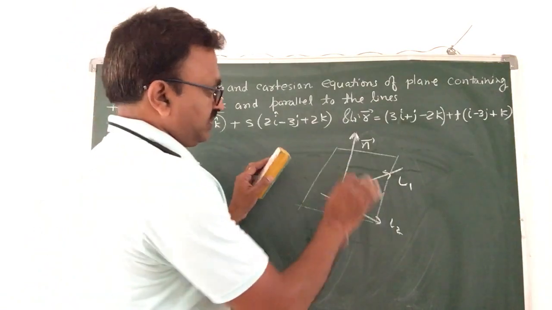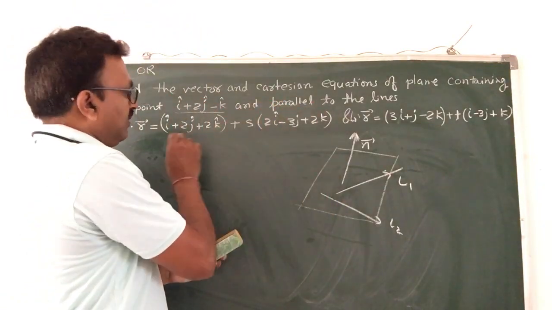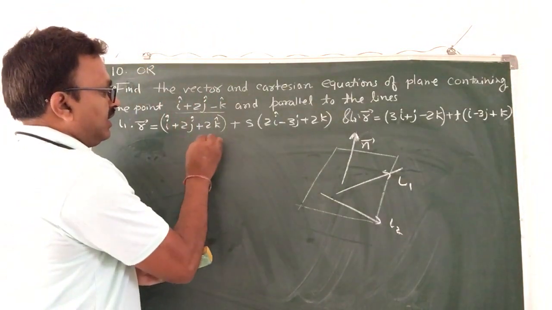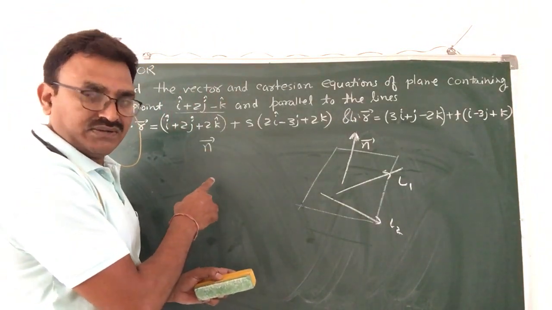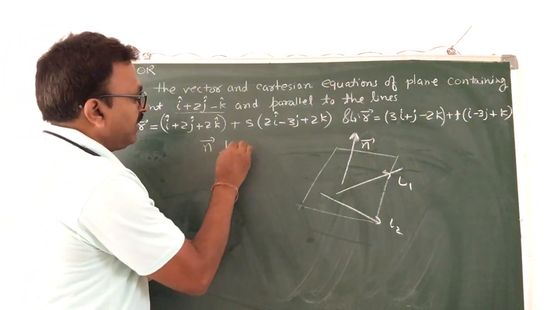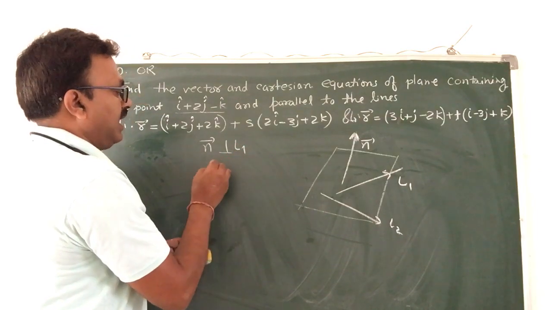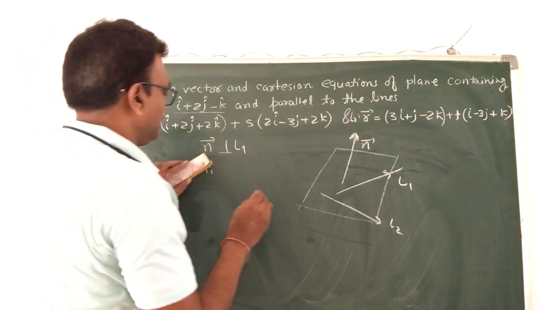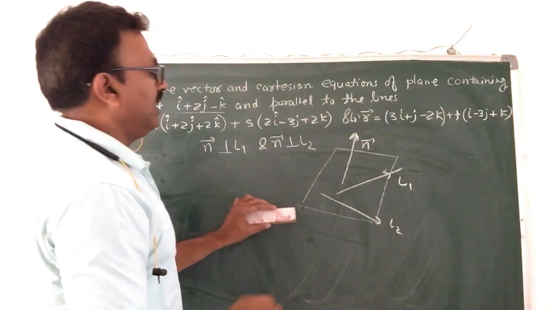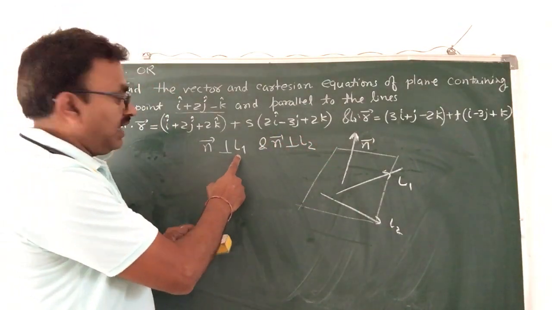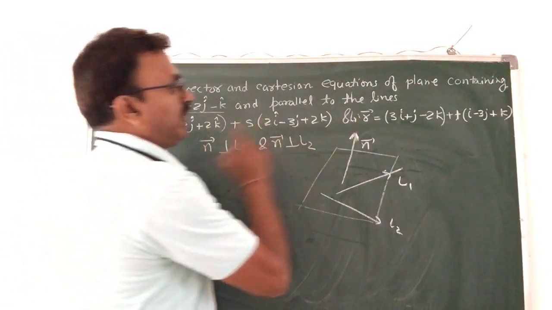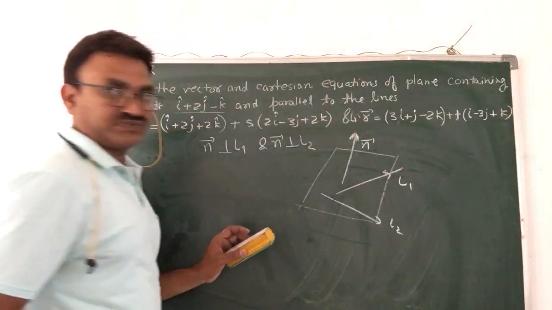In this question, because the plane is parallel to both lines, we will directly write the normal vector, which is perpendicular to the plane, perpendicular to line 1 and perpendicular to line 2. Line 1 is parallel to this vector, and line 2 is parallel to that vector.